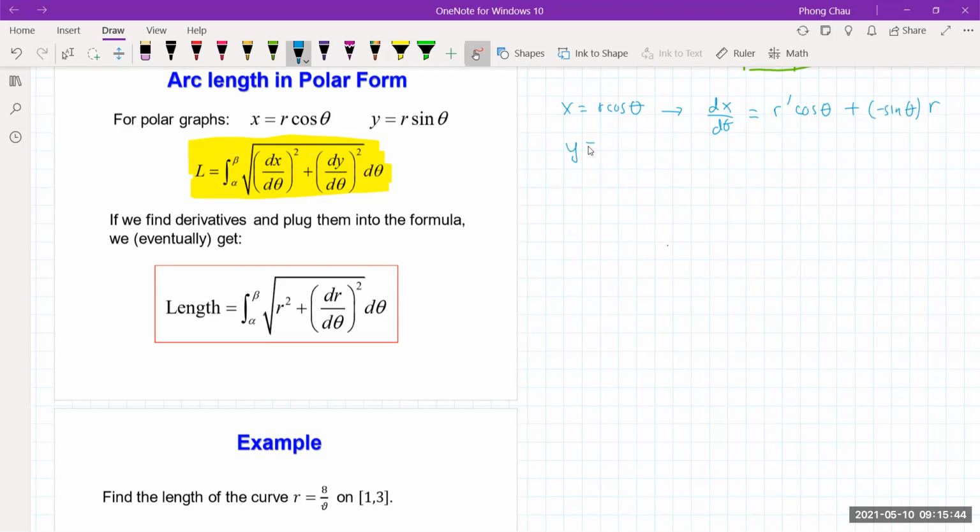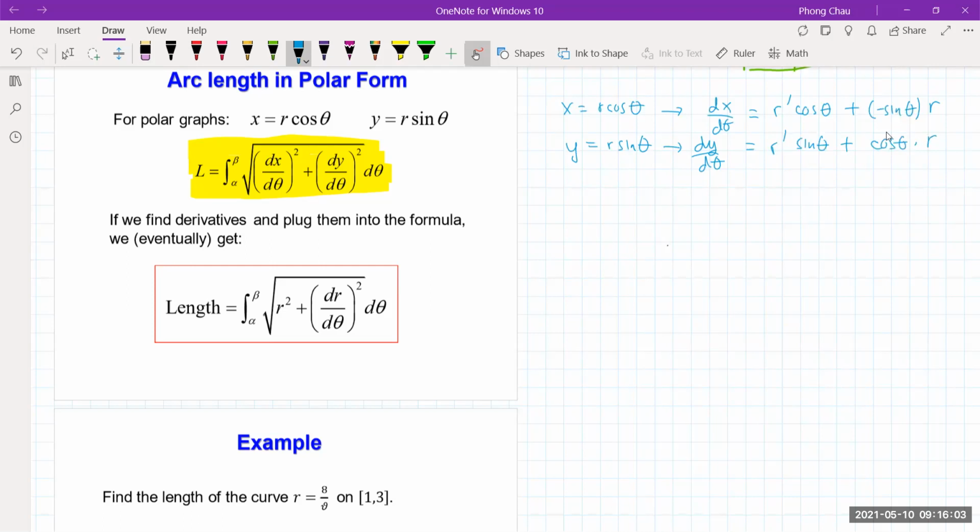And when y is r sine of theta, what's dy d theta? Derivative of the first times sine, plus the derivative of sine, which gives cosine of theta, times r.